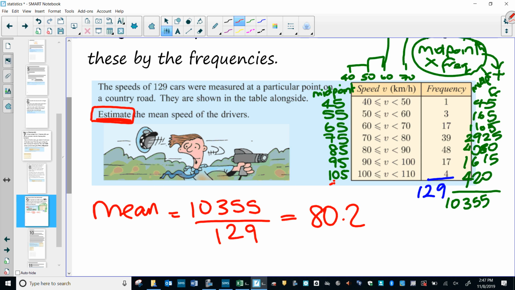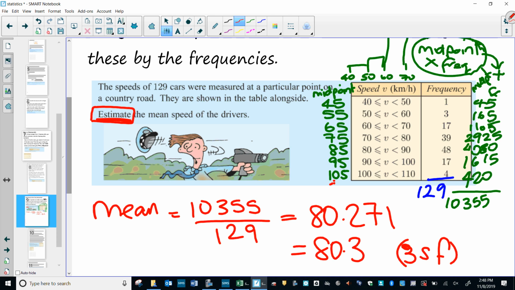There are actually loads of digits that I would carry. What's the number after the 7? 1. Okay, so I'm going to round this to 3 significant figures, so 80.3. And that's to 3 significant figures.